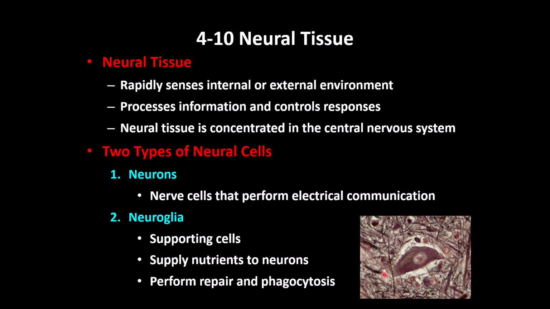This one provides nutrients for the neuron. This is the neuron, and also if there is any kind of damage, it will repair the damaged area. If any kind of infection comes there, then they will go and destroy the infection. But I will talk about these a lot more. There are 6 different types of neuroglia, so I will go over them in more detail later on.